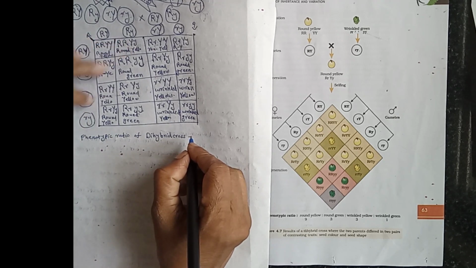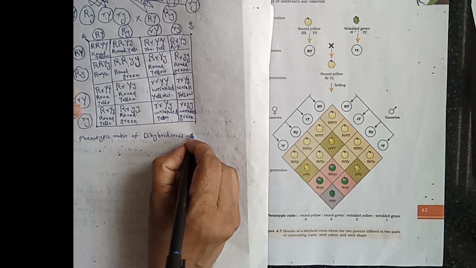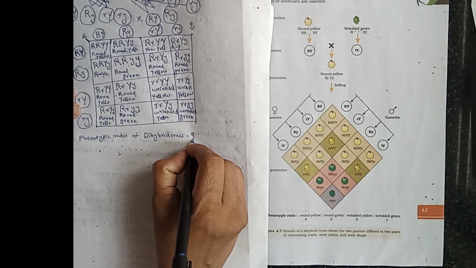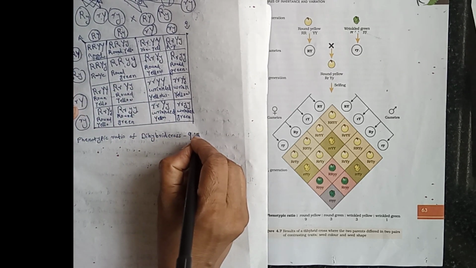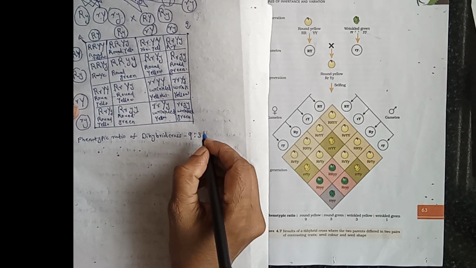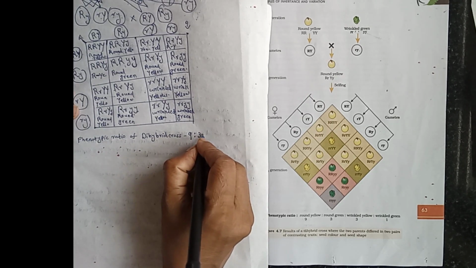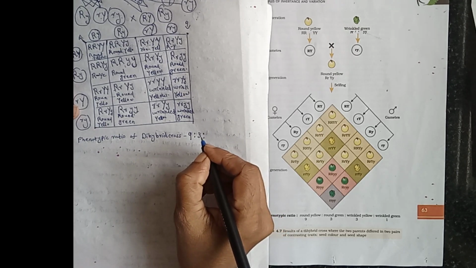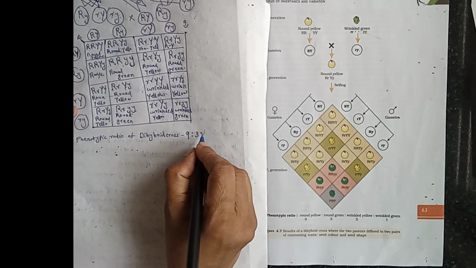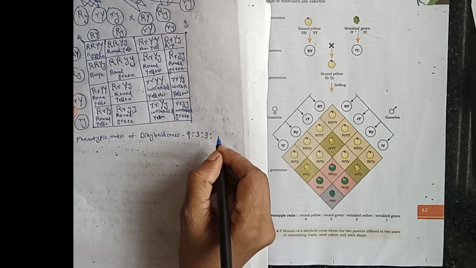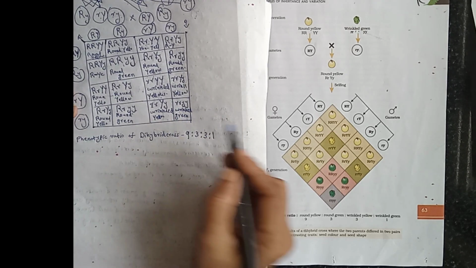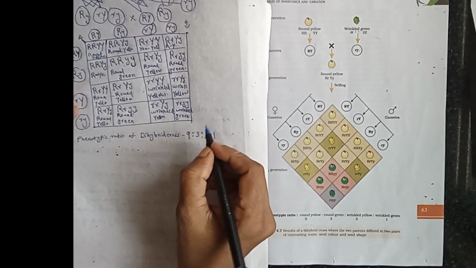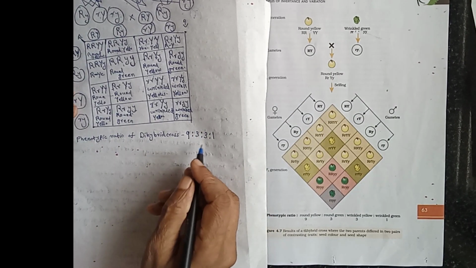That is, considering all homozygous and heterozygous cases, we get 9 yellow round seeded plants, then 3 wrinkled yellow seeded plants, then 3 round green seeded plants and only 1 wrinkled green seeded plant. That is the phenotypic ratio.